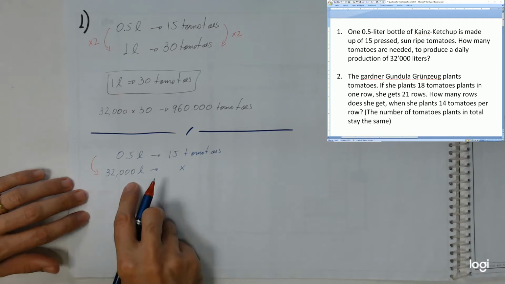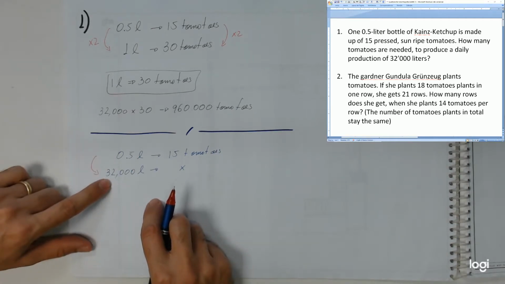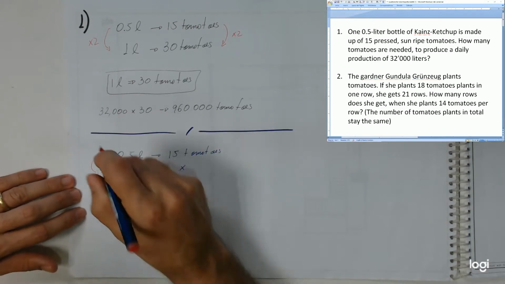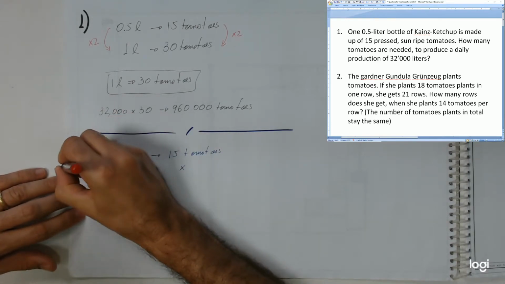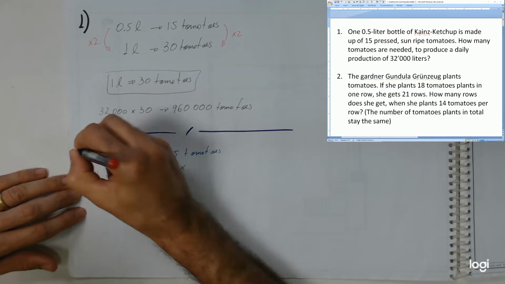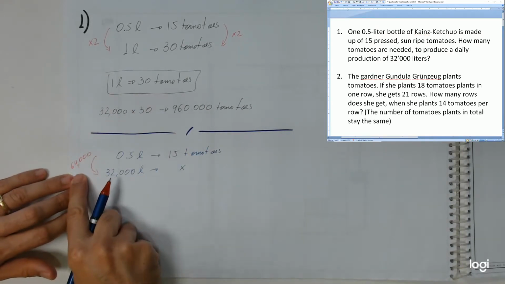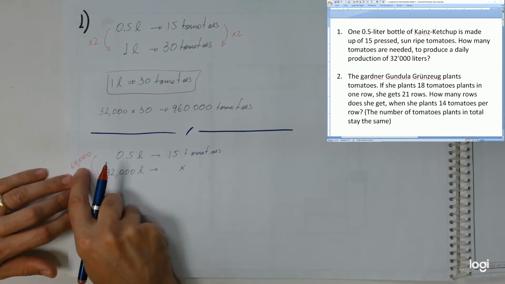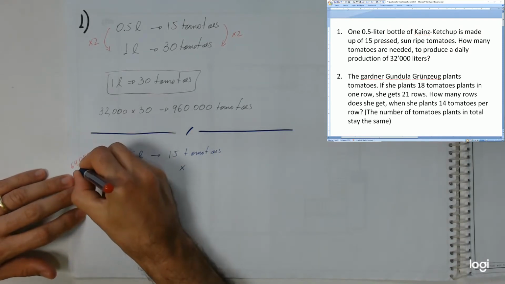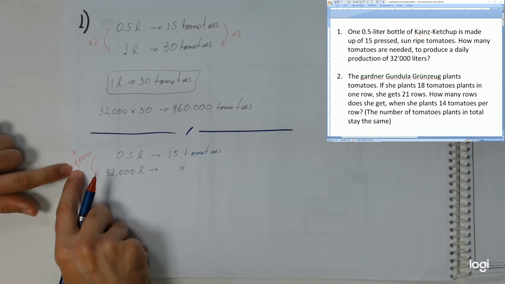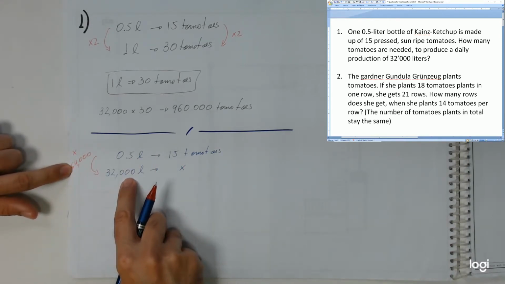What is the factor? Half to 32,000. Well, if you just work it out on your side, you're going to see that this factor is going to be 64,000. Please, Vera, check to see how I got to 64,000. So I have to multiply half times 64,000, it is 32,000.